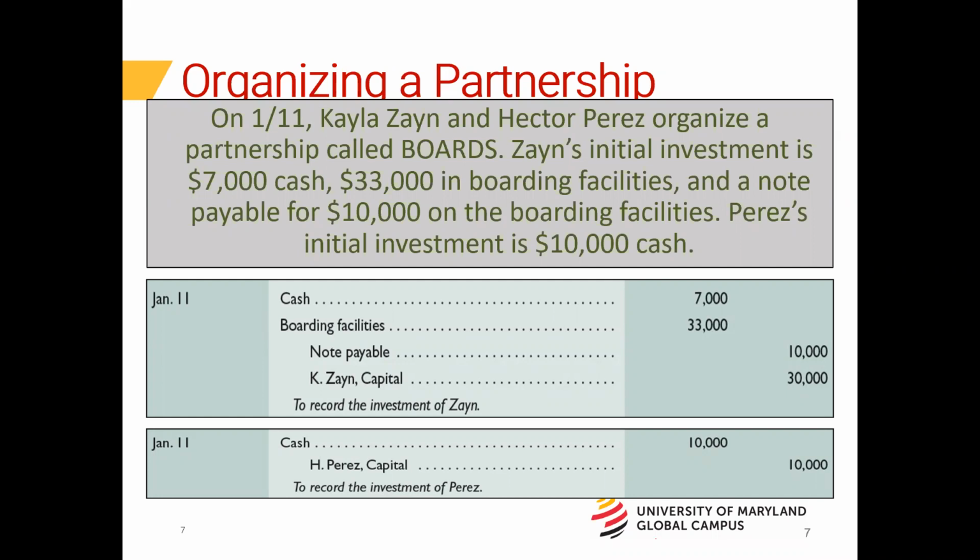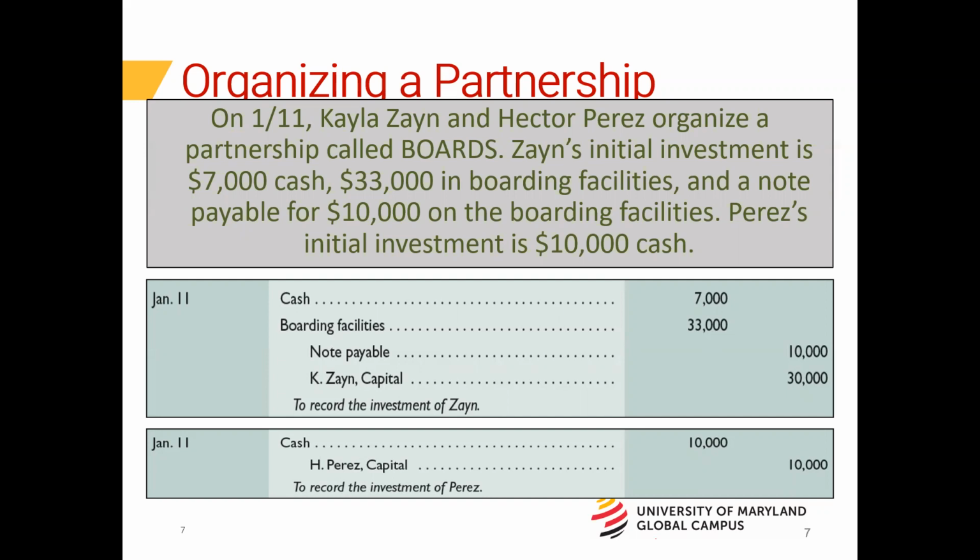Maybe it's a horse farm, who knows? They have a loan that they used in the purchase of that building. So credit notes payable to increase notes payable, $10,000. And we credit capital investment of $30,000.